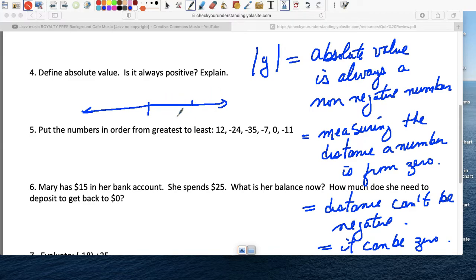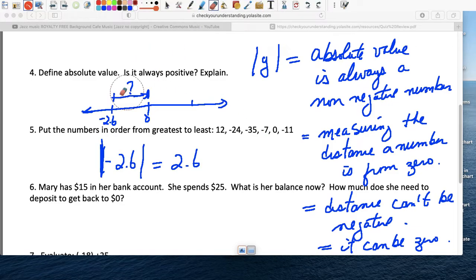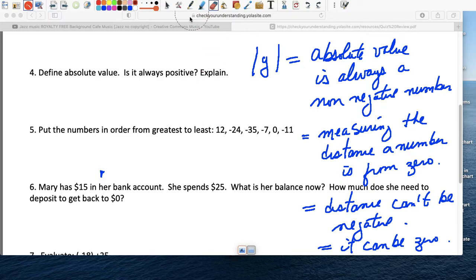Some examples. Let's say negative 2.6. The absolute value, here there's a symbol, right? The absolute value of negative 2.6 is, well, what's this distance here to 0? What is that distance? Well, that distance is 2.6. What's the absolute value of 0?